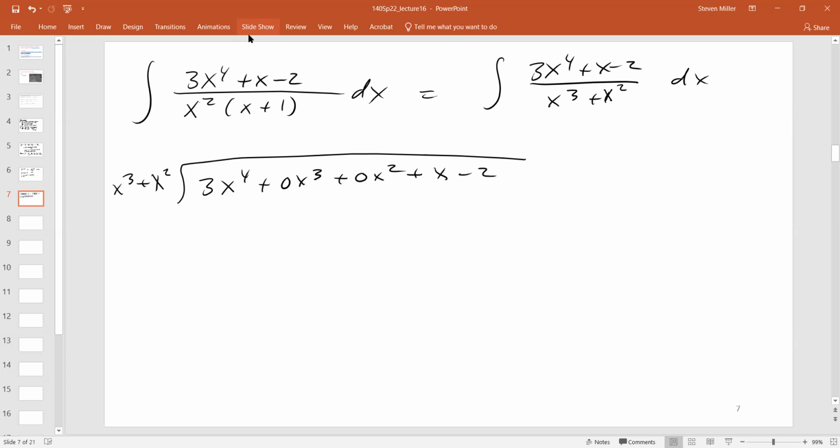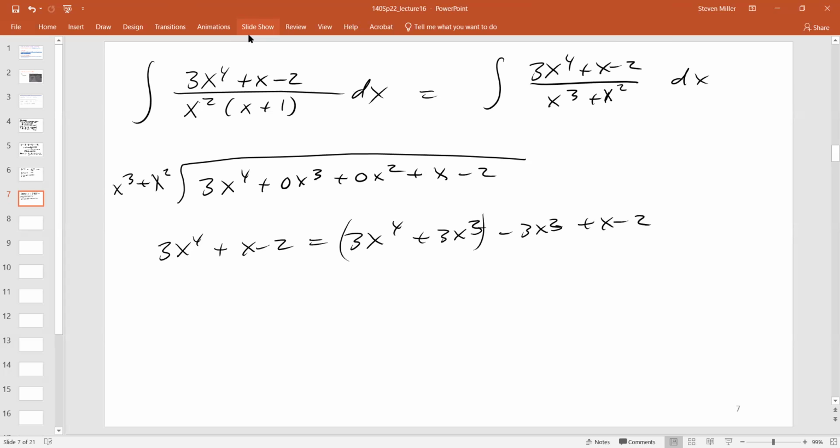Another thing I could use is, well, I've got 3x to the fourth. That looks like x cubed plus x squared times 3. So I could just start by writing 3x to the fourth plus x minus 2 as 3x to the fourth plus 3x cubed minus 3x cubed plus x minus 2. And the reason is the first piece now is just 3 times the denominator.